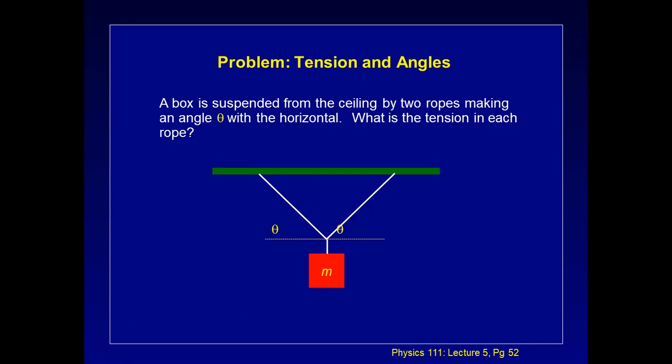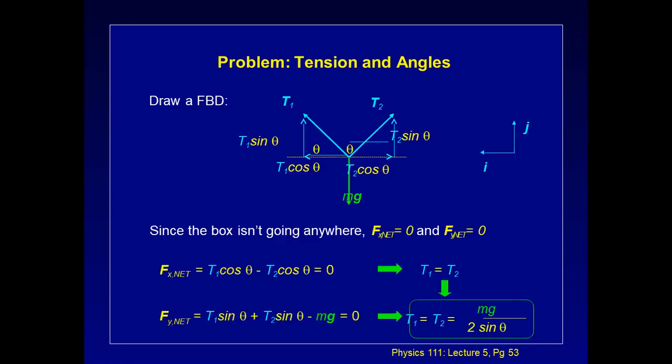Now, the block is supported with two ropes. As you can see here, we have the tensions. We assign both angles as theta because it is stated in the problem, and we assume they are not at different angles since that is not stated.